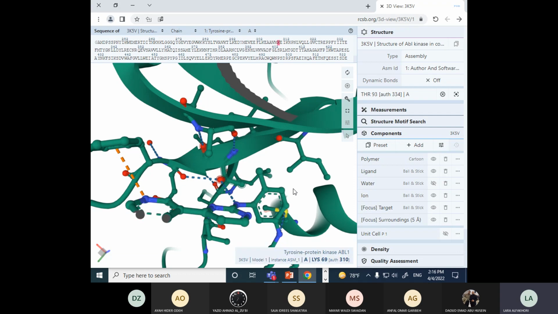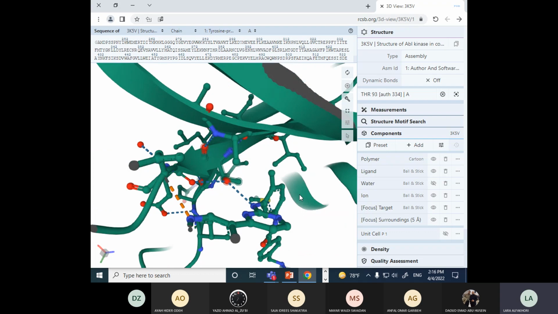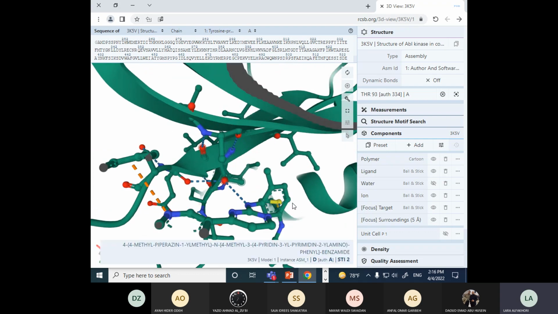But the reason they called it a conformational blocker is that the methyl group, or the size of this group, makes imatinib somehow selective for ABL, because of the threonine being a small group. Any other kinases that have gatekeeper residues bigger than threonine, such as methionine, for example: a phenyl on its own would get in, but a phenyl with a methyl, as in imatinib, will not enter that hydrophobic pocket.